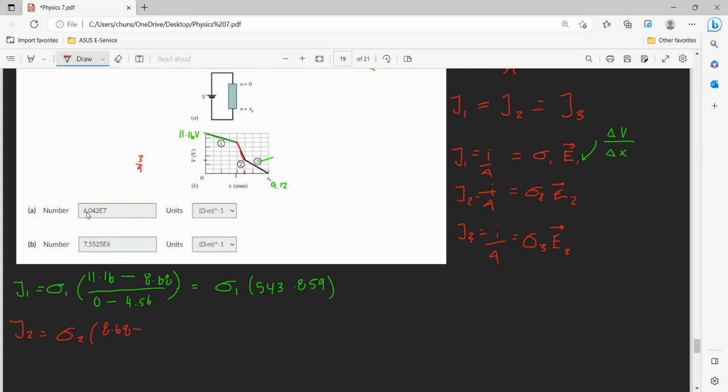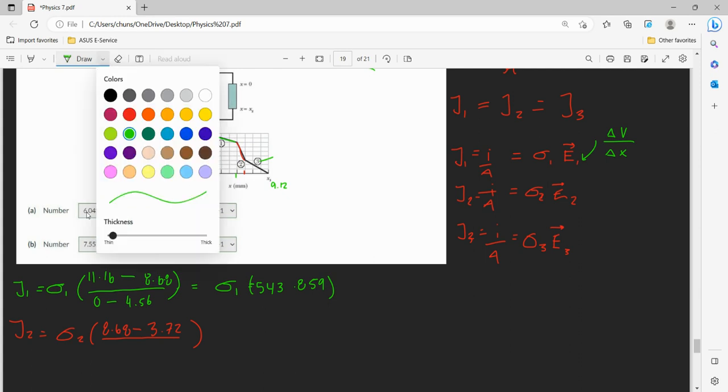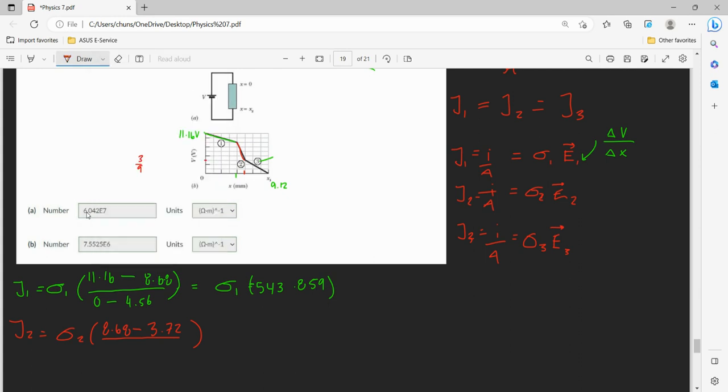So 3/9 of 11.16. And this is minus 3.72. Oh, sorry, this is meant to be negative, because this is a negative slope. And this is from 4.56. And this goes down too.